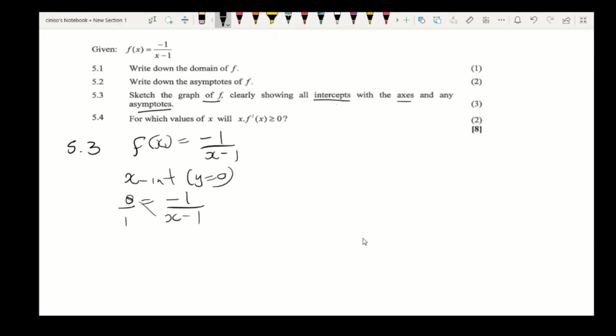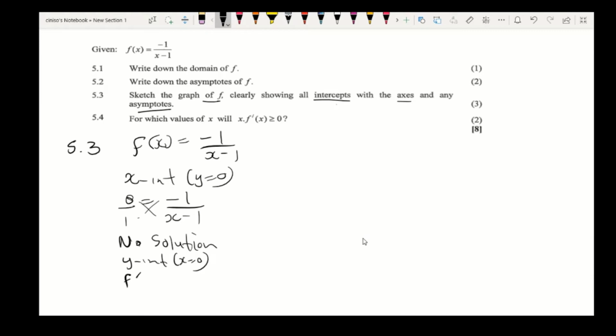Because we do a cross multiplication, the 0 will multiply the x, meaning that there will be no solution for x.